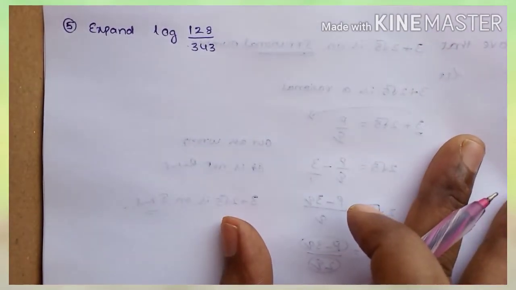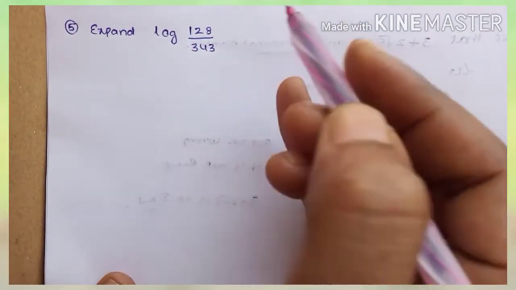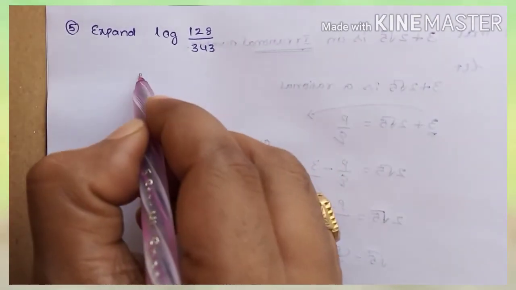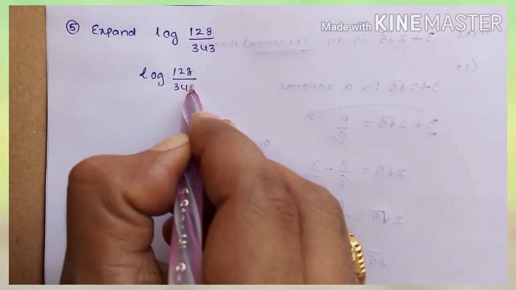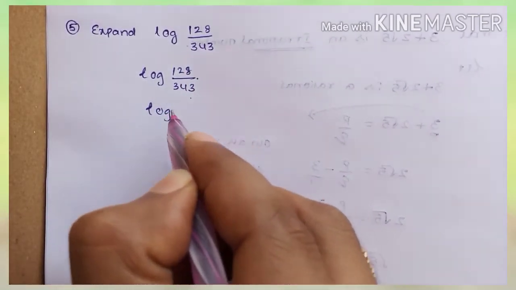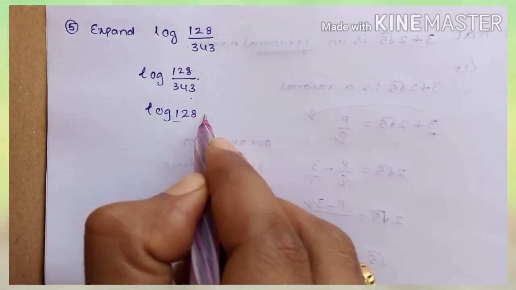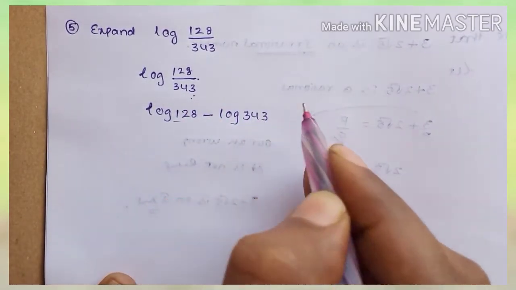Now the problem: expand log 128 by 343. The logarithm of 128 by 343 can be written as log a by b, so log a, the first term, minus log b, the denominator value 343.